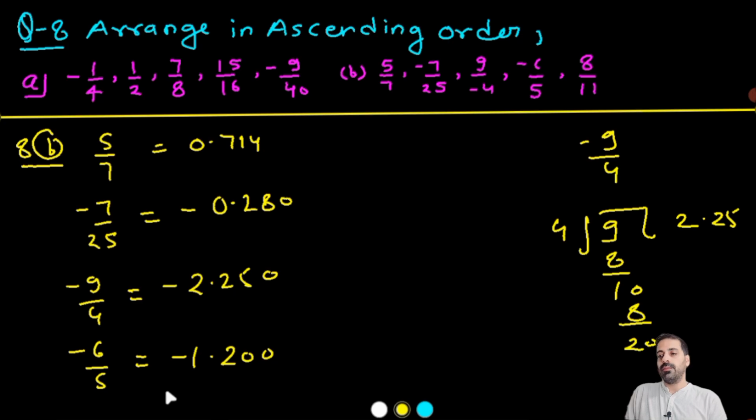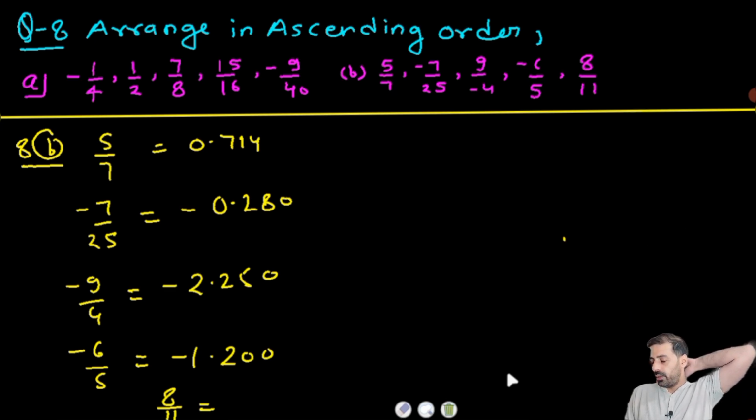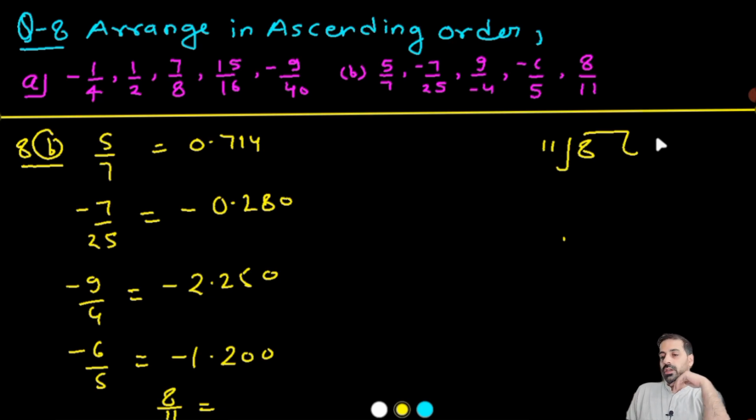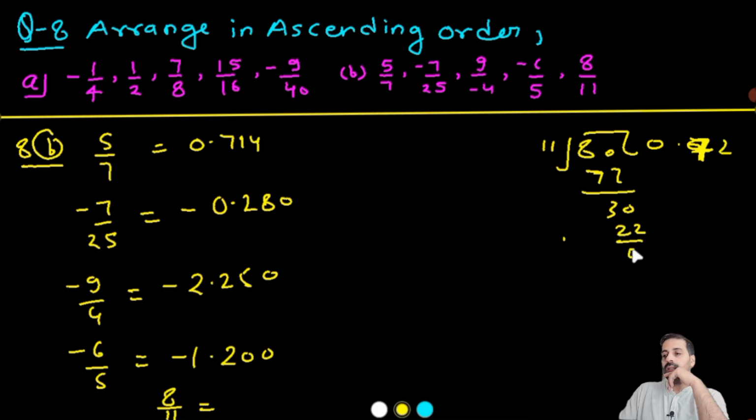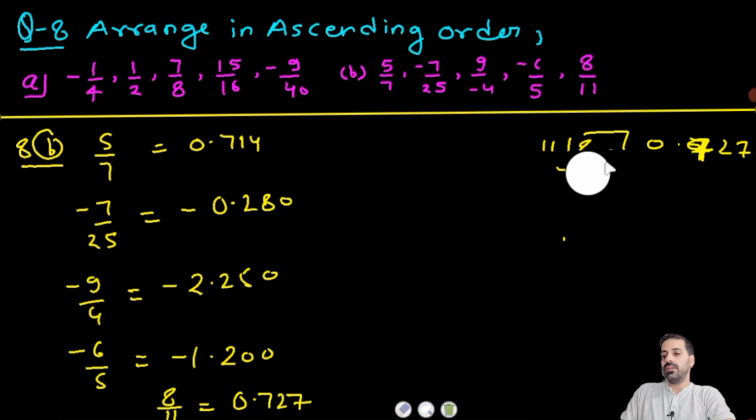The last value is 18 upon 11: 8 divided by 11, apply 0 and the point, 7 times 77, 3 is remaining, again 2 times 22, then 7. So we have 0.727. These are the decimal values of all the rational numbers given here.